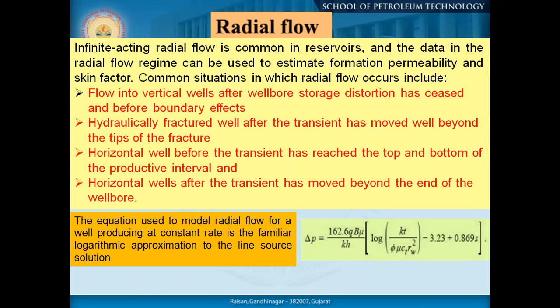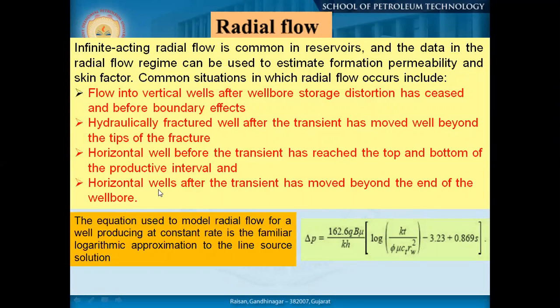Initially you may get linear flow, then bilinear flow, then elliptical flow, then radial flow. Each part has a slight difference in the shape of the graph. We will discuss that in a subsequent section, not today, maybe next class.